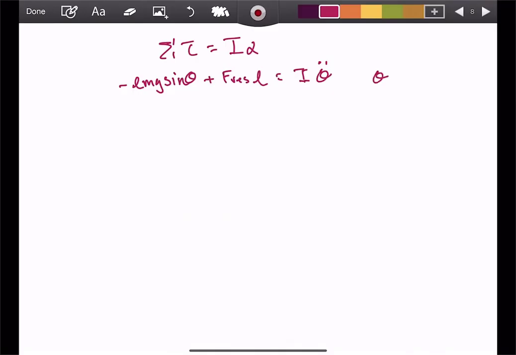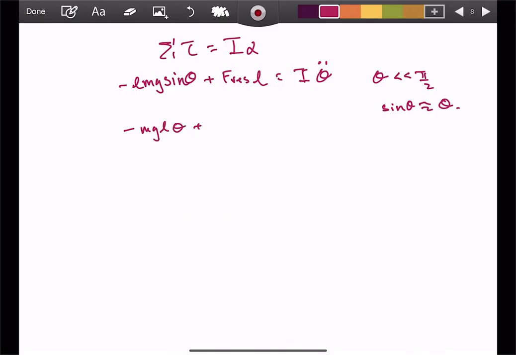Now, since theta is small, meaning much, much less than pi over 2, my sine of theta is going to be approximately equal to simply theta. So in this case, we're going to get a minus mgL theta plus my damping force, going back to my restoring force.